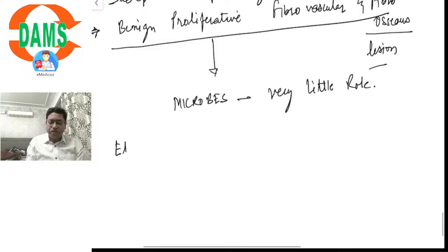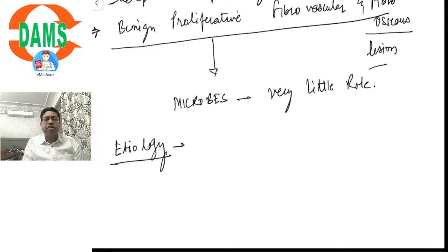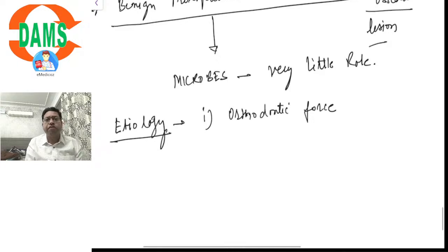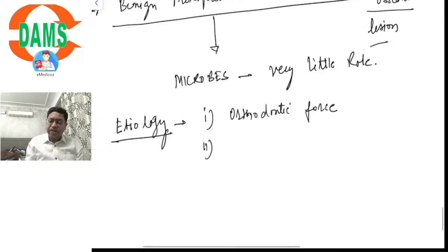If we look at the etiology, what are the causes of external cervical resorption? Although a definite relation between cause and effect is not established as of now, the common causes, from the most frequent to the least frequent, are listed as orthodontic tooth movement. Most common, orthodontic force. The second most common is trauma.